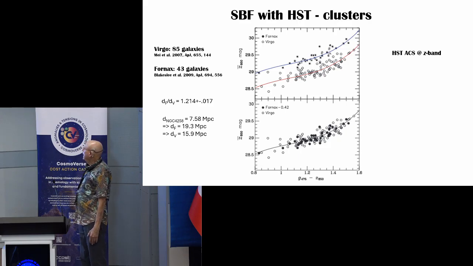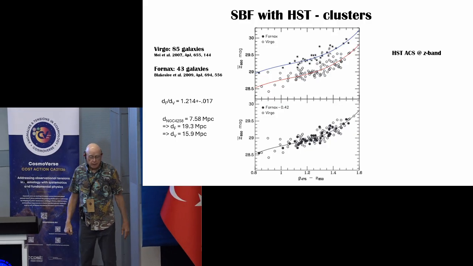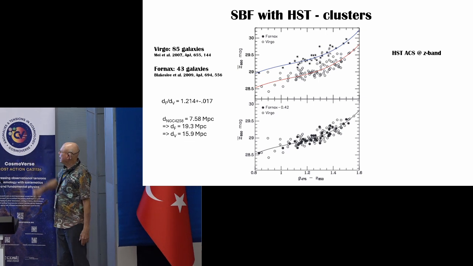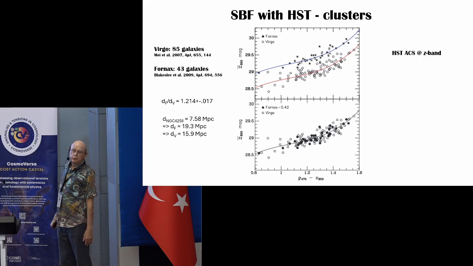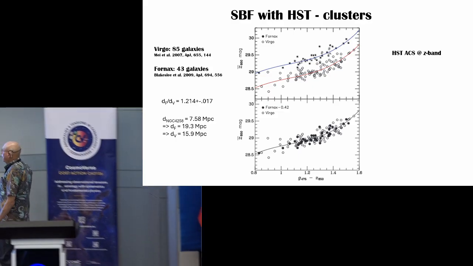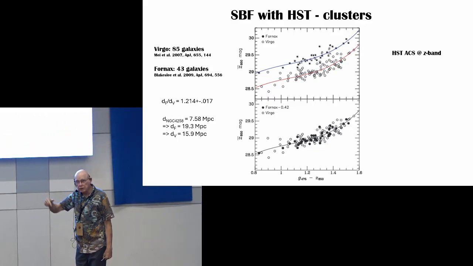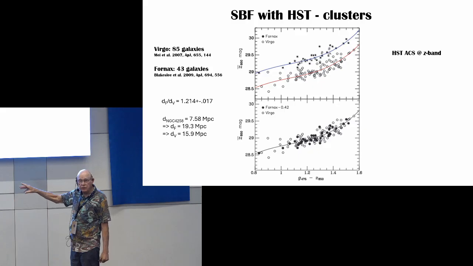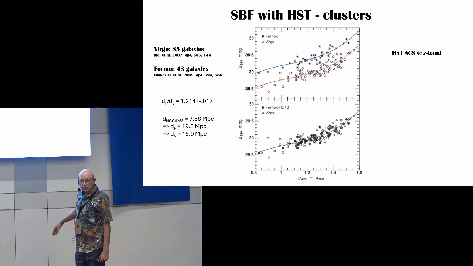Now, with Hubble Space Telescope in the past, these surface brightness fluctuations have been used in various papers going over a couple of decades, looking at galaxies in the Virgo and Fornax clusters, and indeed find this parameter on the scale on the left, that's a measure of the fluctuations, and there is a metallicity dependence, a color dependence, which is mapped across the horizontal axis.